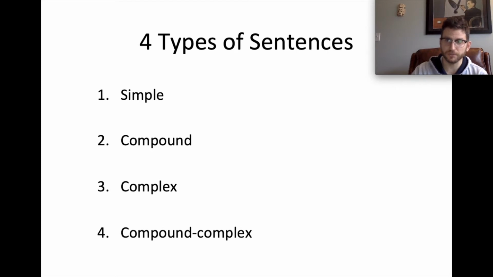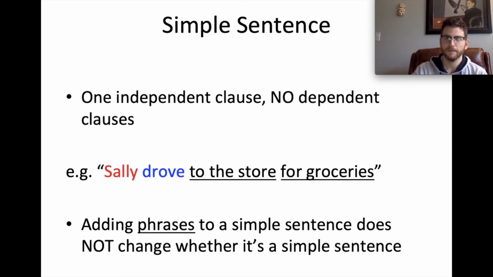A simple sentence is defined like this. A simple sentence consists of one independent clause and no dependent clauses. Like I said, we've got to know what independent clauses are. We've got to know what dependent clauses are. But just a quick recap, a clause, unlike a phrase, will always have a subject and a verb.